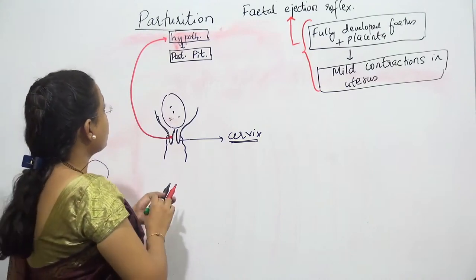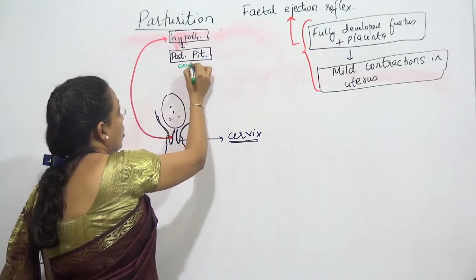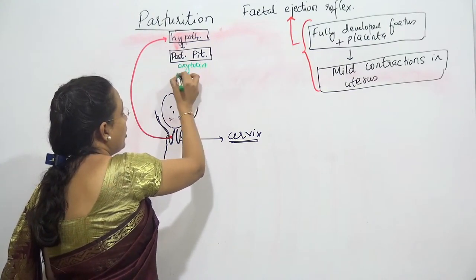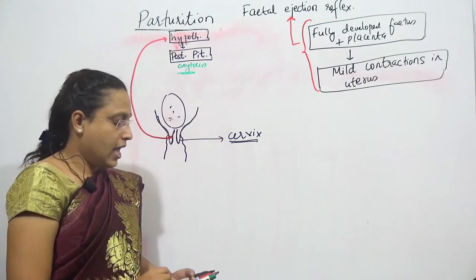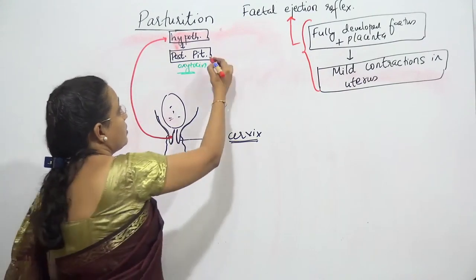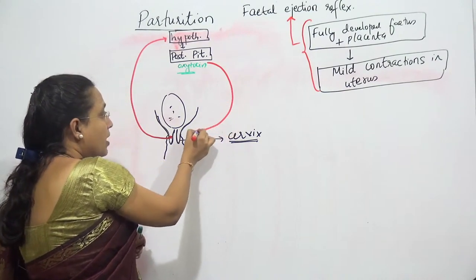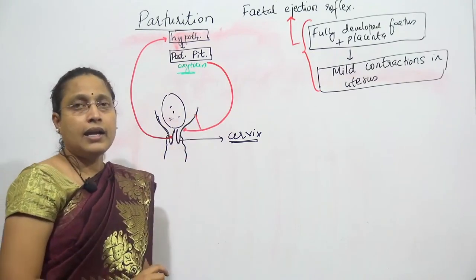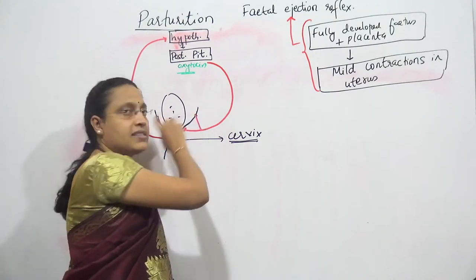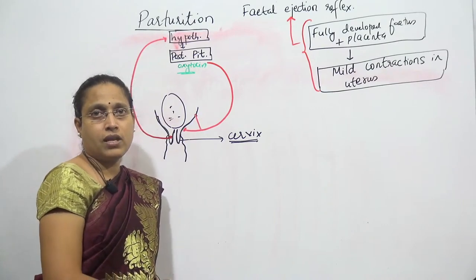Now, in response to this, oxytocin hormone will be produced by the posterior pituitary. Now, these hormone molecules pass through the blood circulatory system and reach the smooth muscles of the uterus.